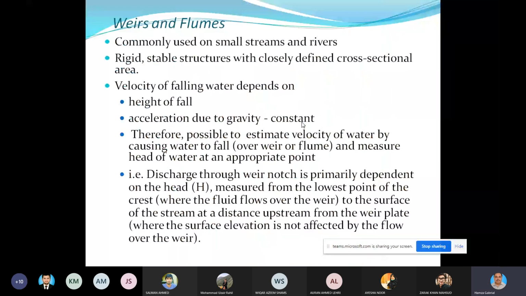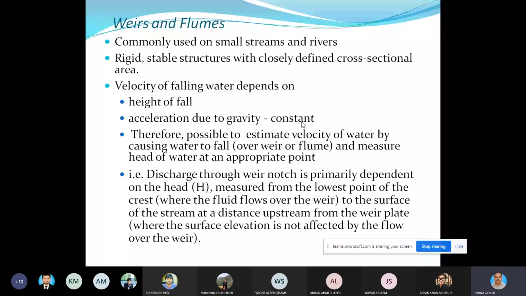So these weirs and flumes are commonly used, especially on small streams and rivers. So they cannot be used for rivers like Ravi, Jhelum, Chenab, Satluj, or Indus. So we can't have weirs of such length or a flume which can be installed.